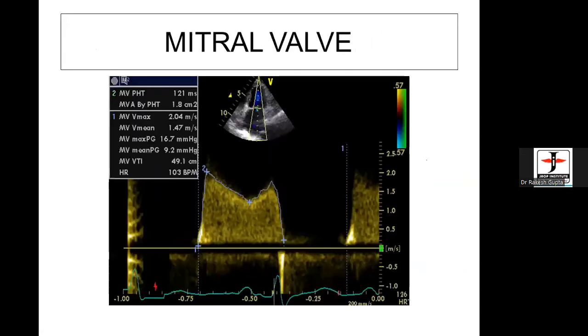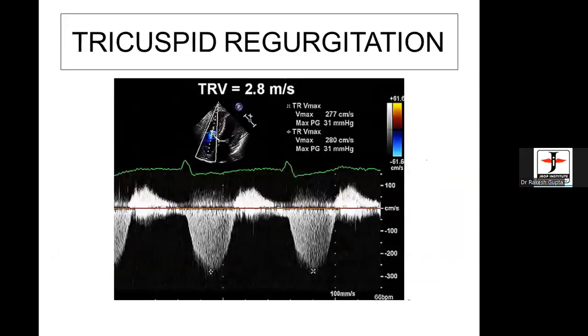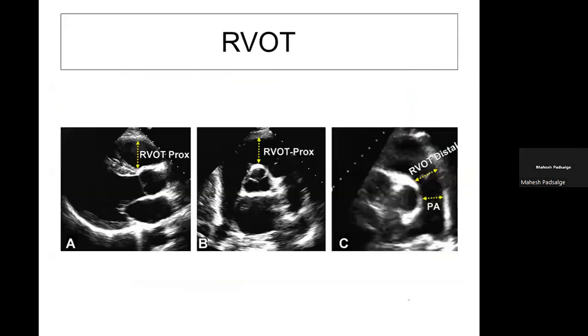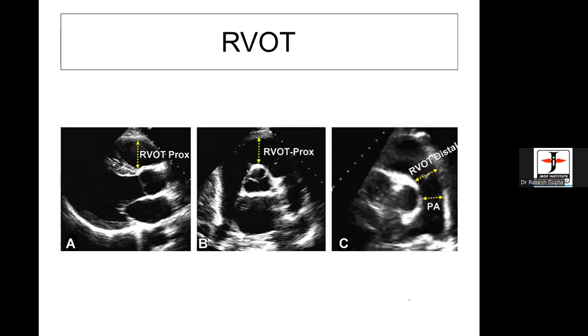RVEF cannot be calculated without 3 dimensions echocardiography. So if they are writing RVEF, either they are doing a 3 dimensions echo, or they are just deriving it from some method. Some machines give that, but it is derived from the fractional area change, and it doesn't work for RV.